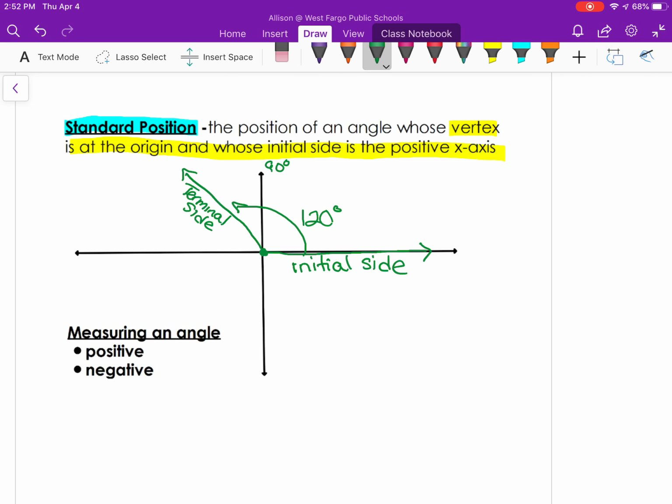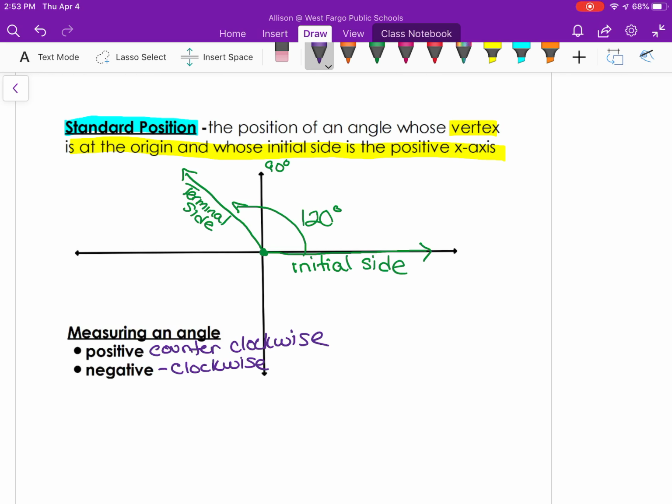So 120 degrees. We get positive angles when you move from the positive x-axis and go counterclockwise. You get negative angles when you move from the positive x-axis and go clockwise.